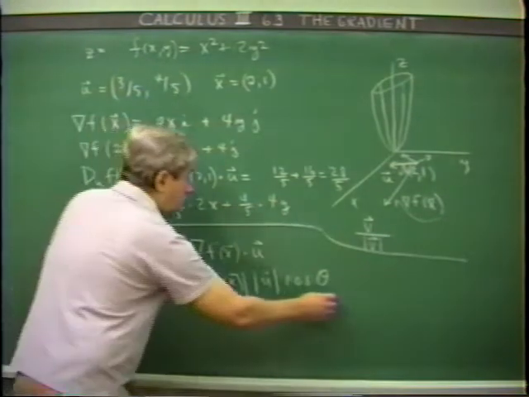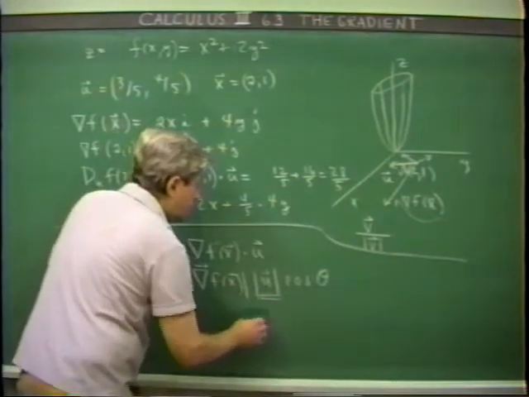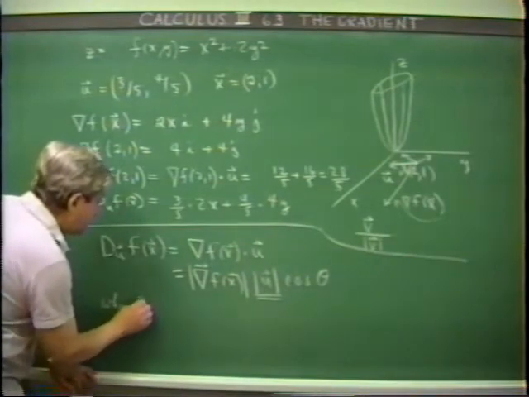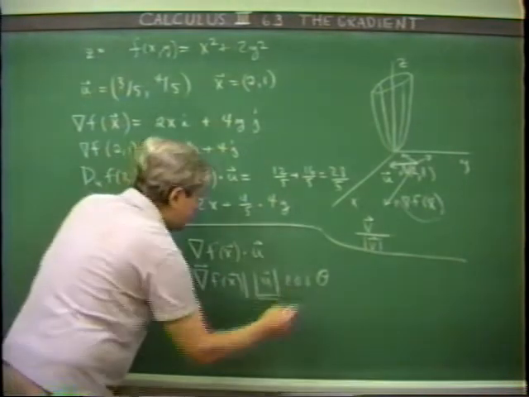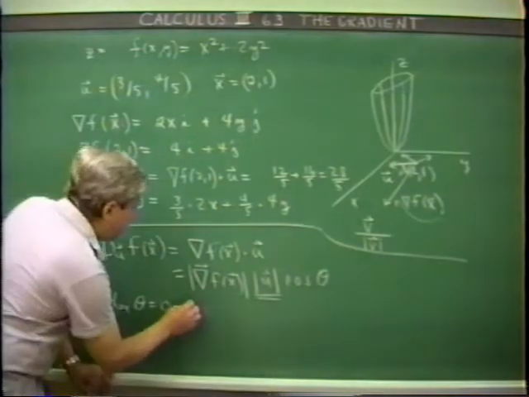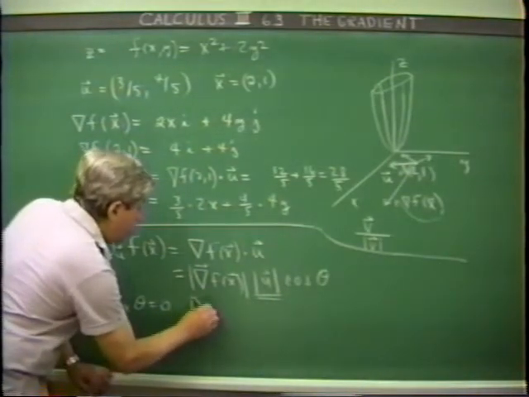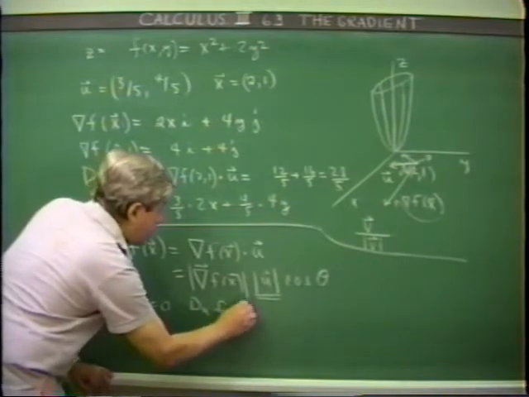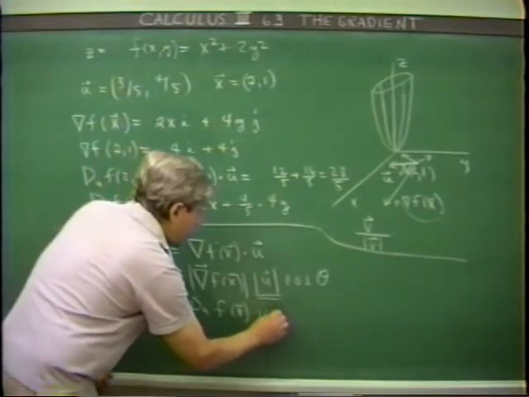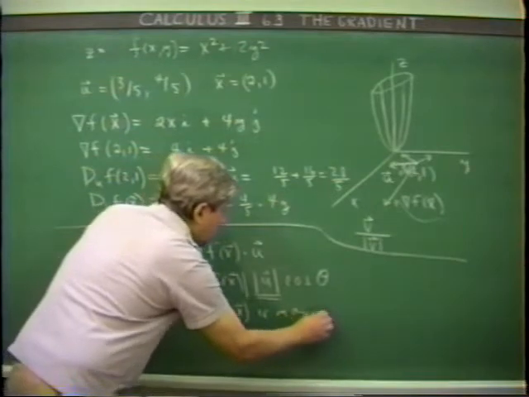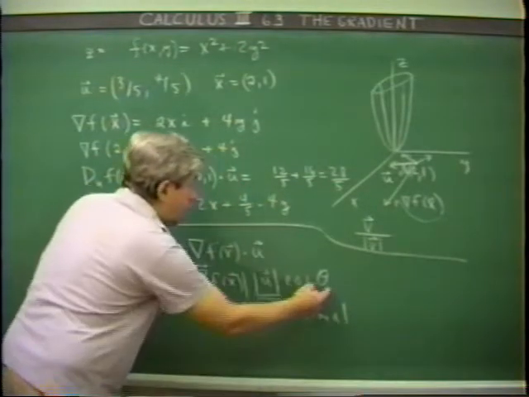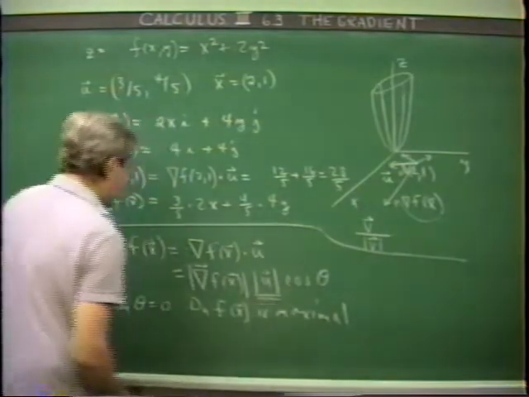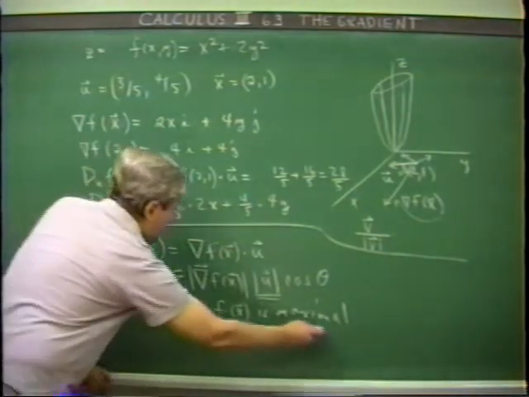Well, this is going to be maximal. Since this is 1, this is going to be maximal when theta is equal to 0, because then cosine theta is 1. Right? D_u of f at x is maximal. It's going to be minimal when theta is pi, so that we get minus 1 here. Right?